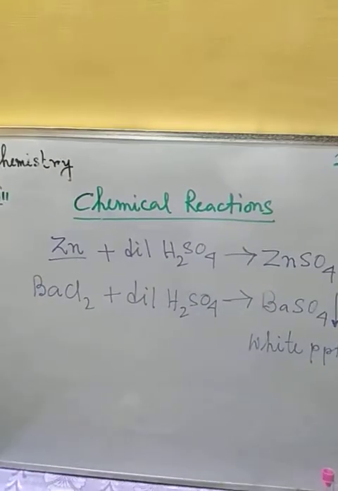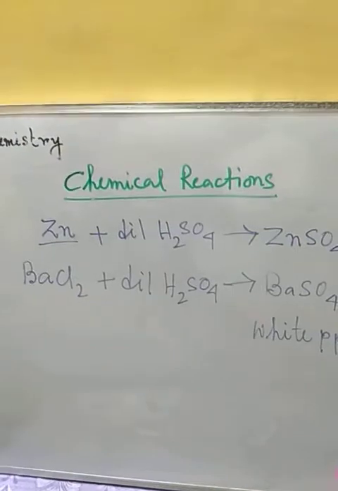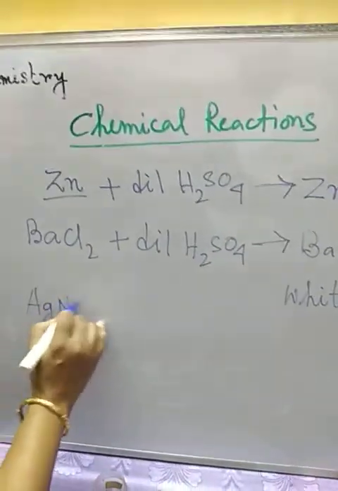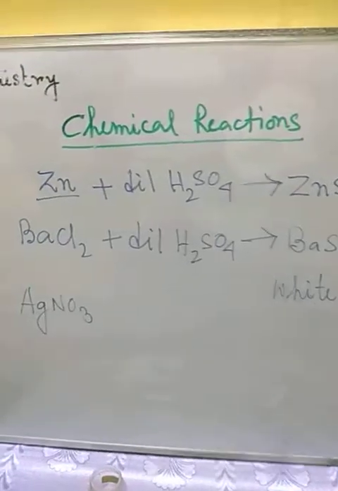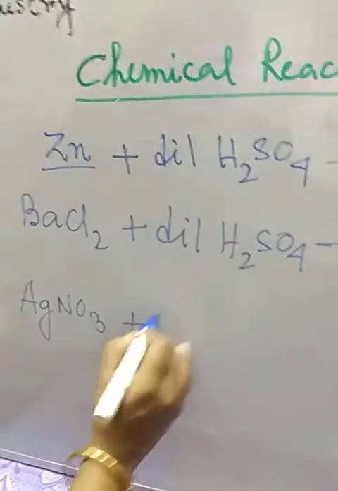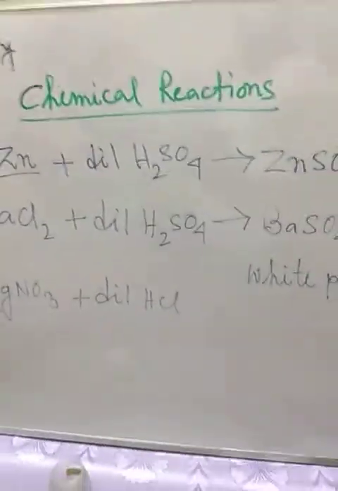Next, another precipitation reaction we are going to do now, that is with silver nitrate solution, AgNO3, and here we are going to use dilute hydrochloric acid, dilute HCl.